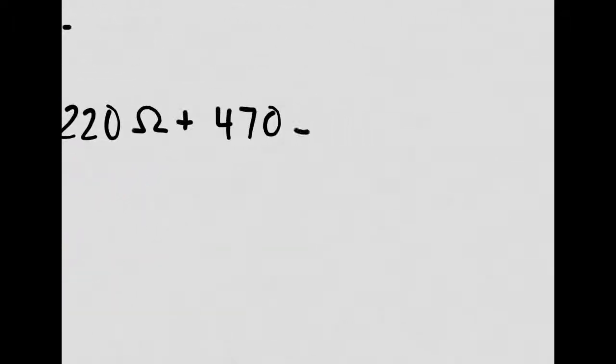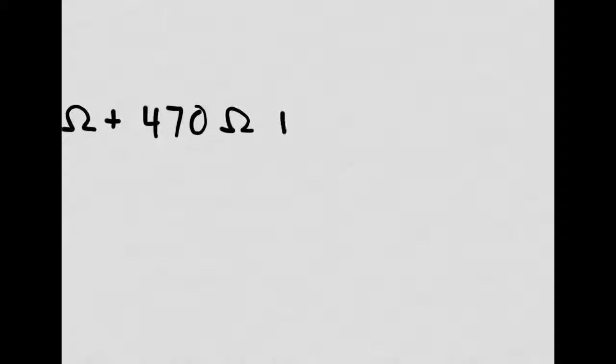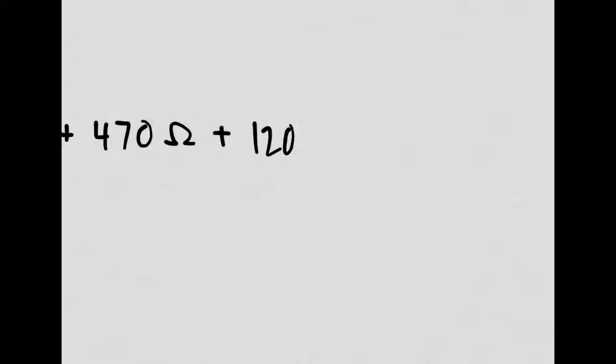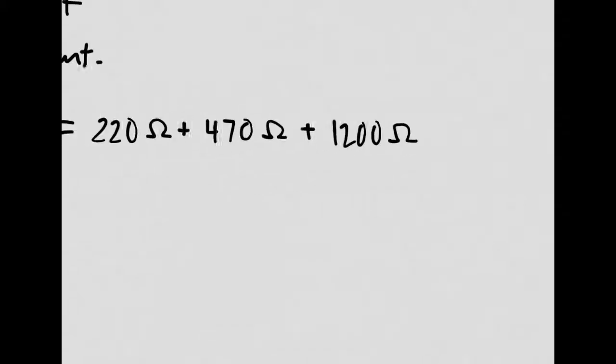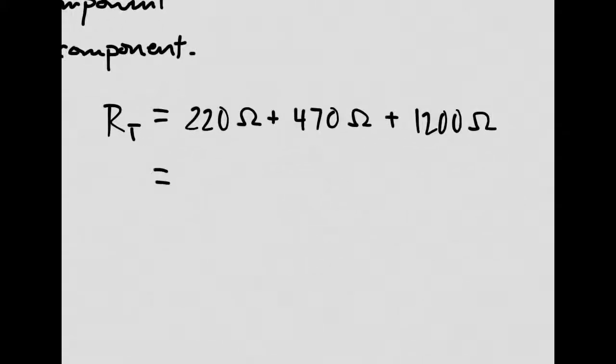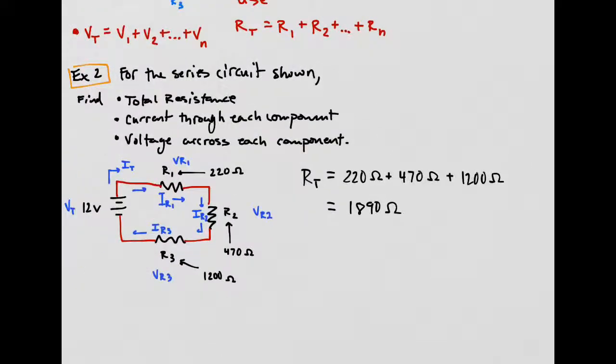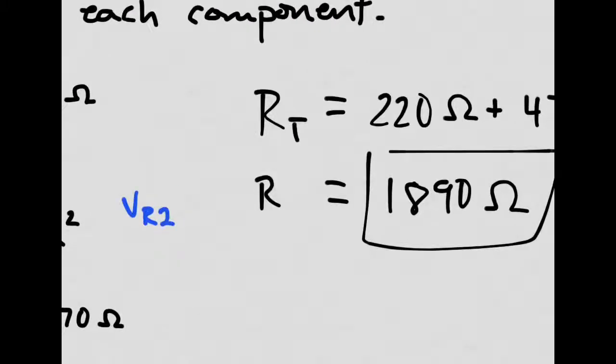Make sure you're putting in your units while in your calculations. And then 1,200 ohms. What is that? That's 1,890 ohms. So that's the total resistance of the entire circuit.